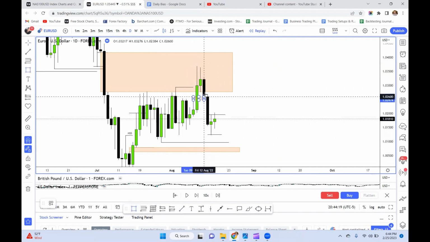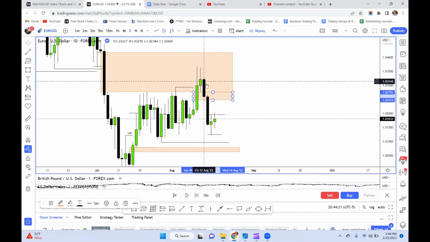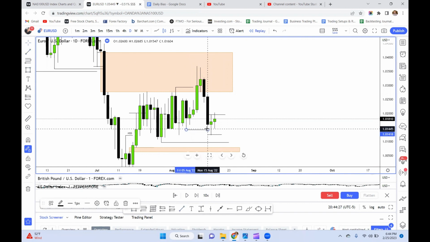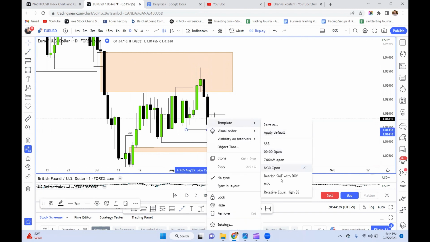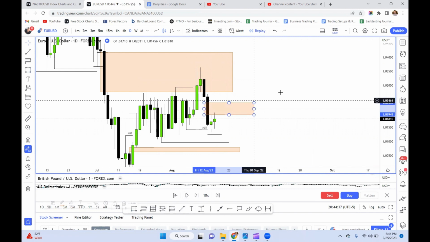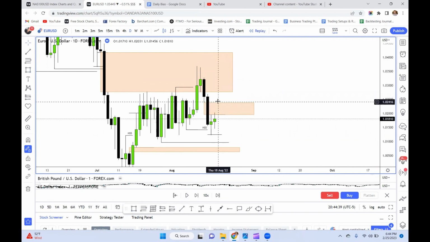It could have been held right here at this fair value gap, where price could have continued buying up. Instead, market structure shifted with this swing low right here. Once market structure shifted, price retraced. It's in a retracement phase back up into this internal fair value gap liquidity.